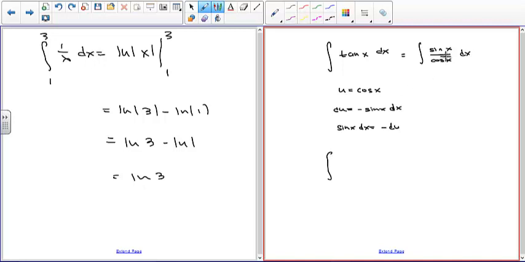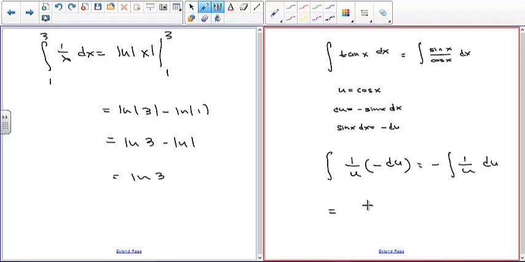So sine of x dx is going to be negative du, and 1 over the cosine is 1 over u. Notice I put this in parentheses, because if I didn't, it would look like 1 over u minus du, not 1 over u times negative du. Then you factor out the negative sign, so you get 1 over u du integral.